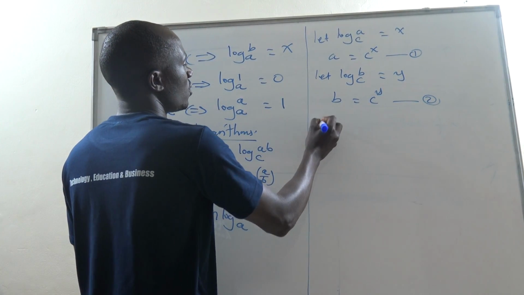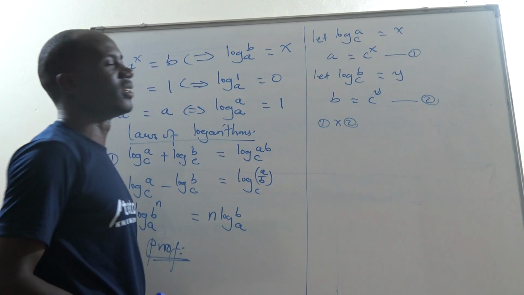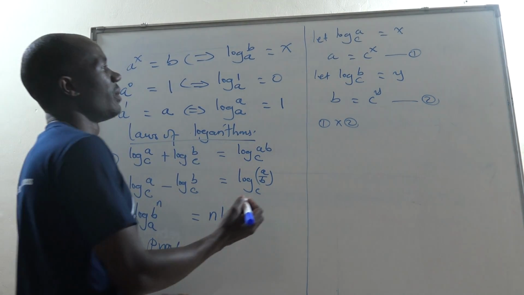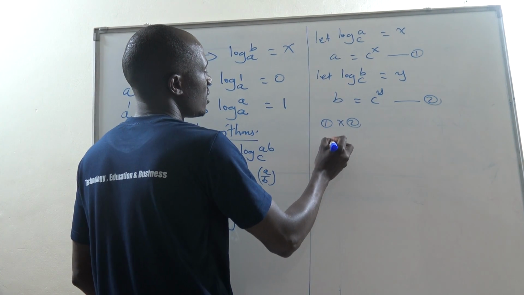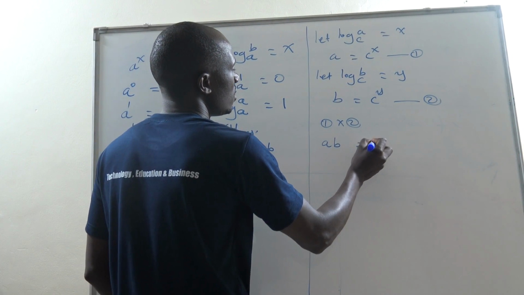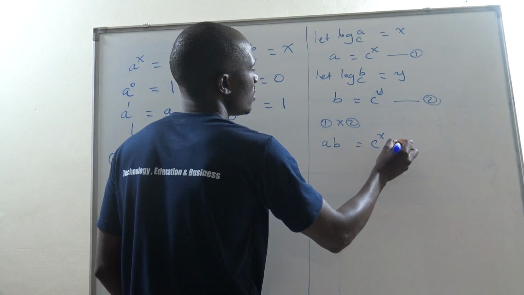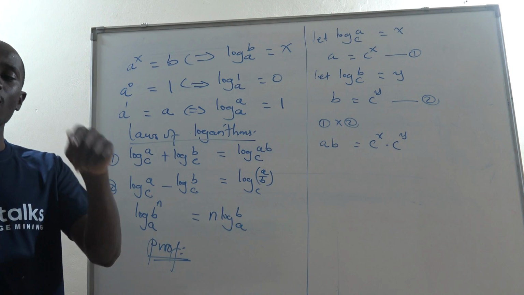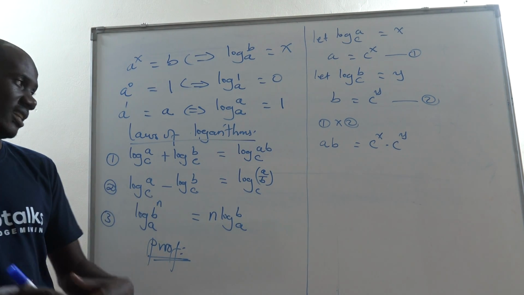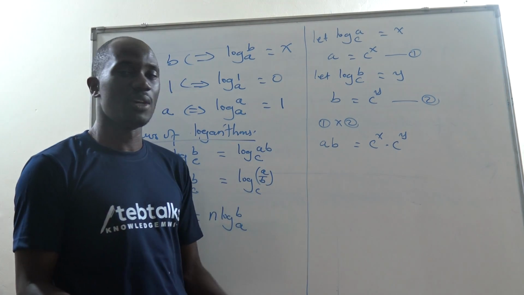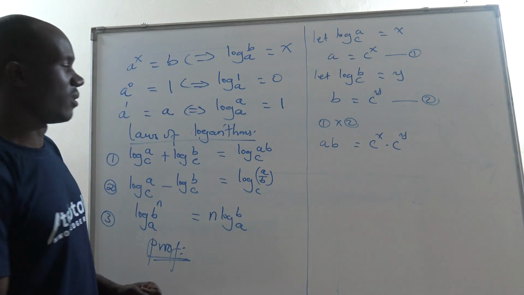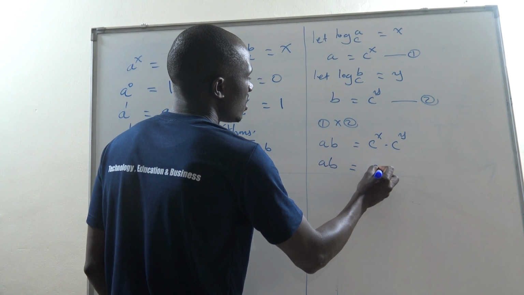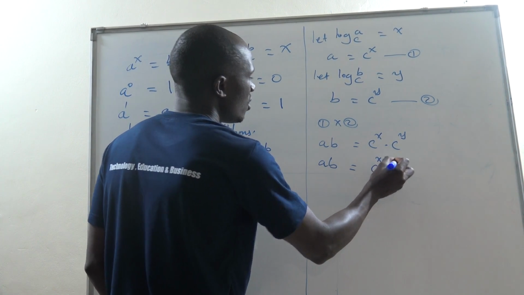What if I multiply equation 1 by equation 2? When we multiply a times b, we get ab equals c power x times c power y. Then we apply our laws of indices: when you are multiplying numbers of the same base, we add the powers. So this becomes ab equals c power x plus y.